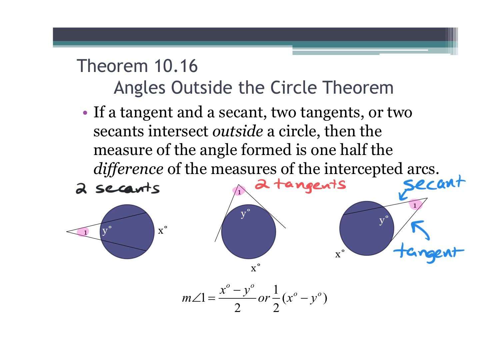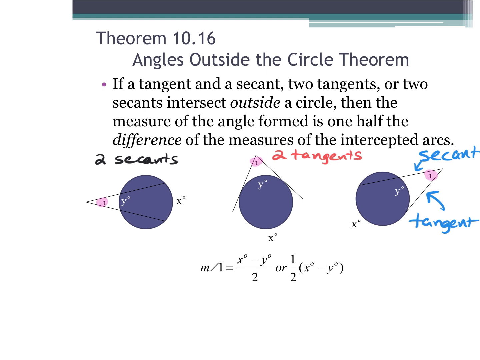So what we're going to do is we're going to take their two intercepted arcs and subtract them. So instead of using x and y's, what I like to refer to as this piece of the arc that is furthest from the angle, which they've called x, I'm going to call this piece my big arc.